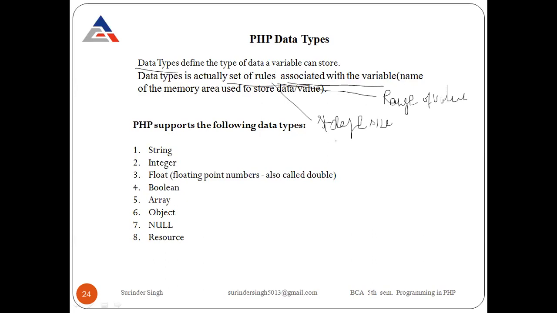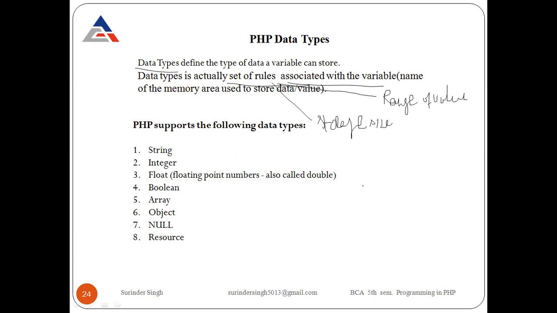One is storage size, how much size a variable requires to store in the memory, and second is the possible range of values you can assign to variable.